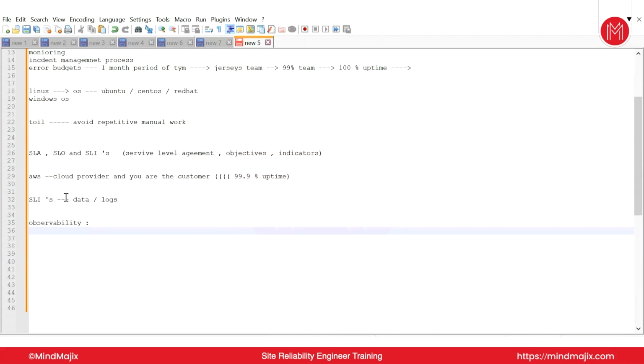The next thing is that SRE mainly focuses on a term called anti-fragility. Let us say you have a system, and you have an application on top of it.